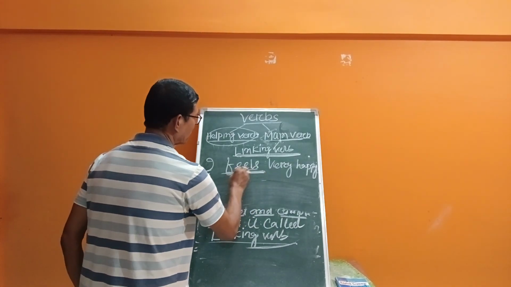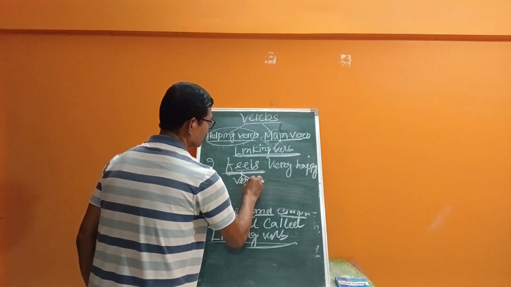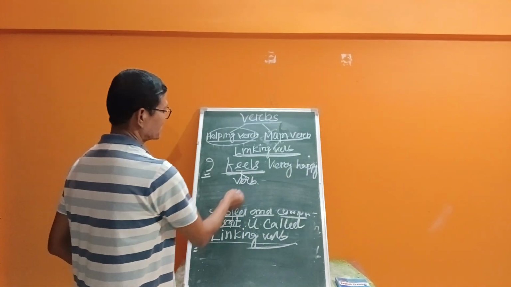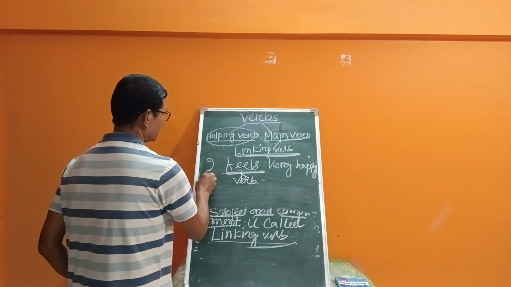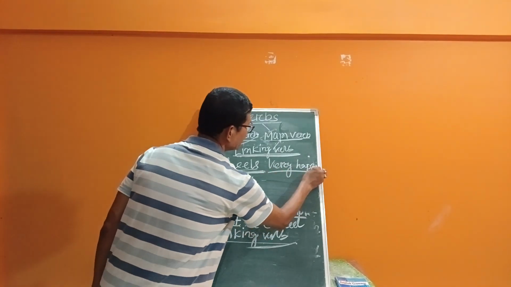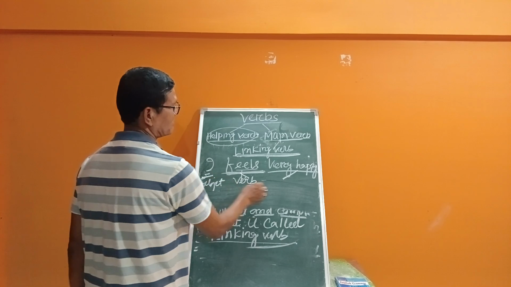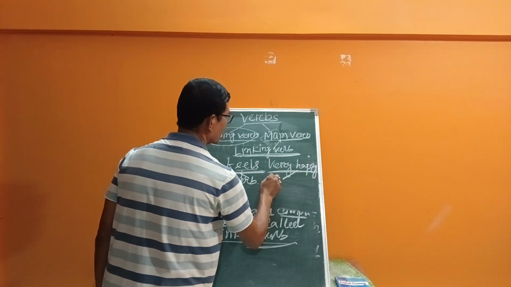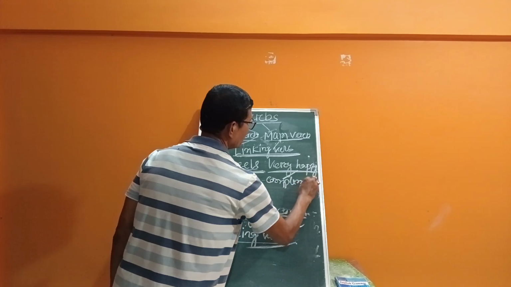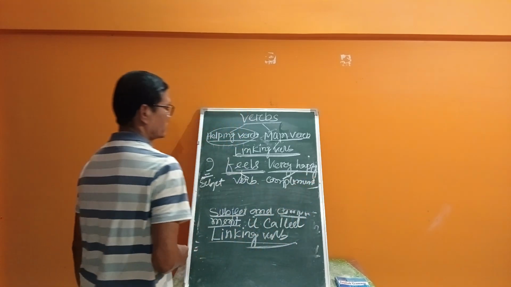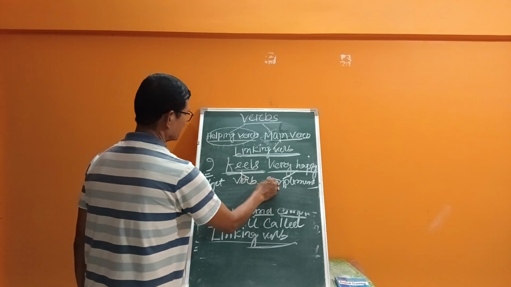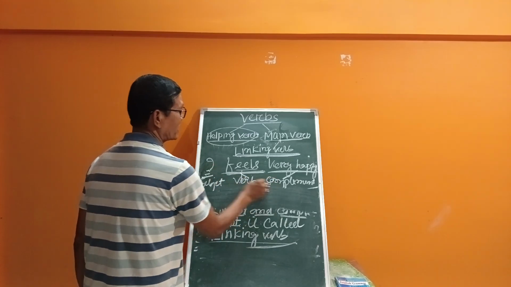Feel is a verb, but it is not an action verb. It is non-stative. I is the subject, and very happy is the complement of the subject. The verb tries to connect the subject and complement.